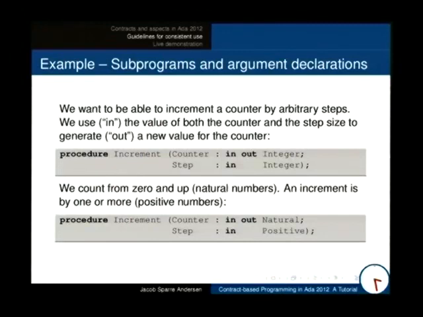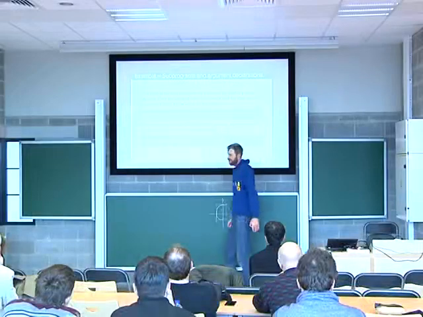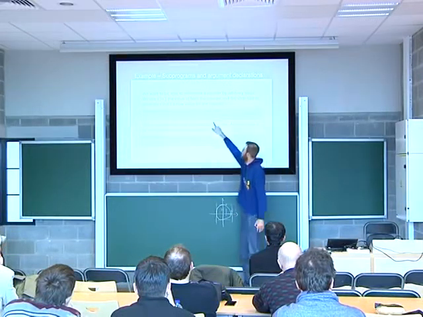In my example here, that's nice, simple, and the compiler should probably be able to figure it out. That's the SPARK example of Increment, a procedure to increment the counter. The counter has to be incremented, so it first has to go in, be modified, and go out again. And we say we want to do it with arbitrary steps, so that's something that just has to go in.